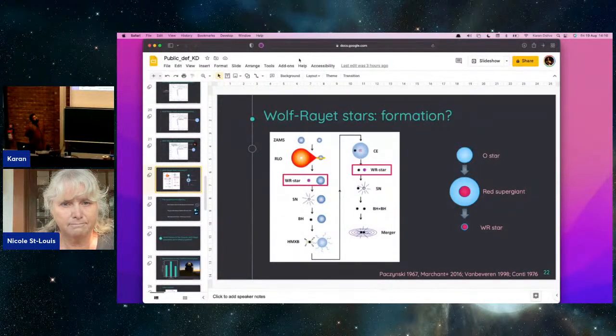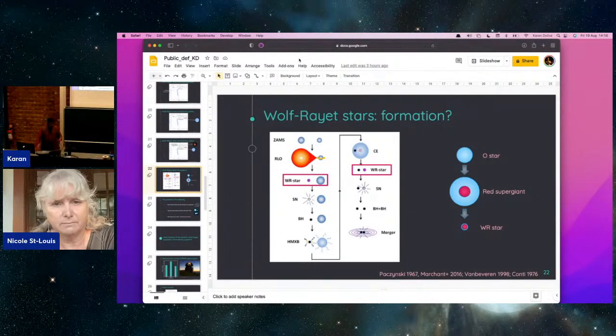Wind-wind collision would be one of the main ones, especially if these stars are close to each other.